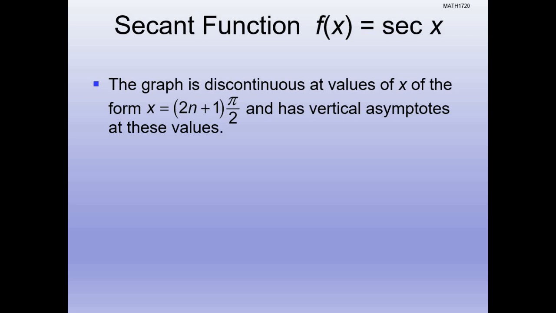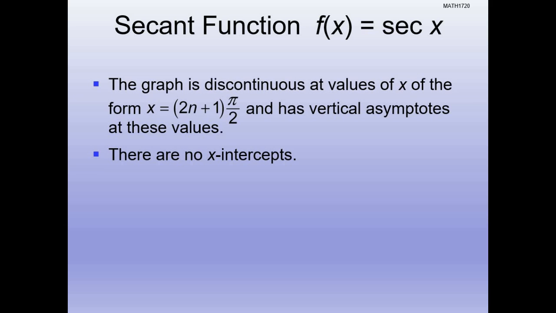If n is 1, we get 2 times 1, which is 2, plus 1, which is 3. So we have 3 pi over 2. Cosine of 3 pi over 2 is 0, and secant of 3 pi over 2 is undefined. We can keep substituting in numbers for n, and we're going to have an infinite amount of asymptotes.